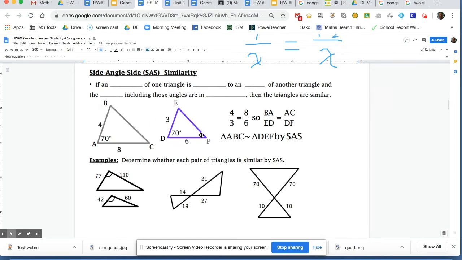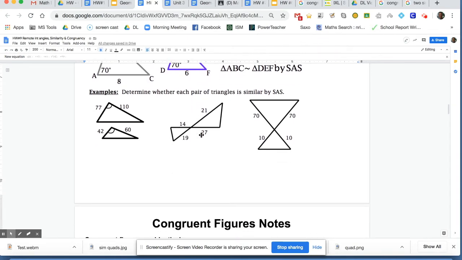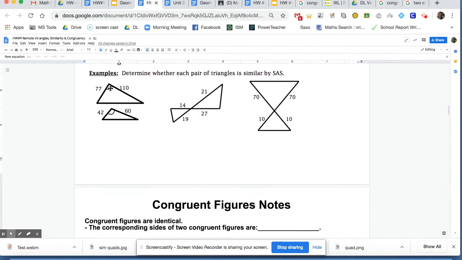Those are proportional. If we come down and check here, we've got our pair of angles. And if we look at 77 to 42, that simplifies to 11/6. And then 110 to 60, and that also simplifies to 11/6. So that angle inside and those two pairs of corresponding sides are proportional. We know that these are similar.